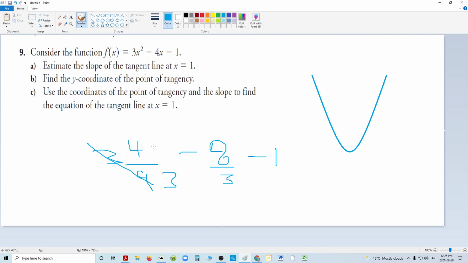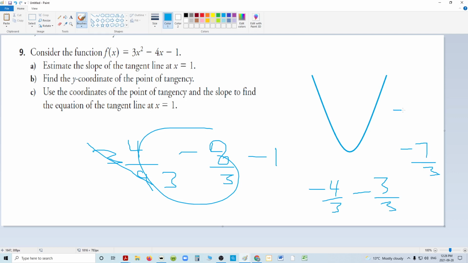And you'll discover that this is indeed, what's 4/3 minus 8/3? It's minus 4/3 minus 1. What's 1 in thirds? Minus 3/3. So you get minus 7/3, which is roughly minus 2.3333. So you will discover the vertex is at 2/3, comma, negative 7/3, essentially.